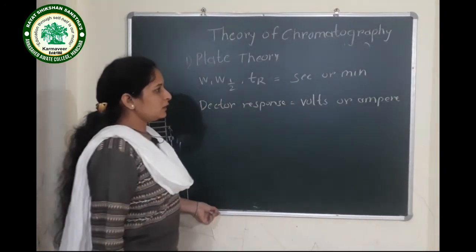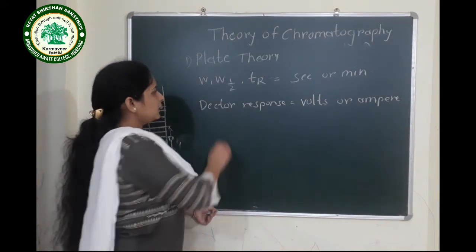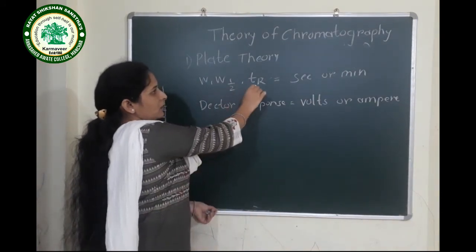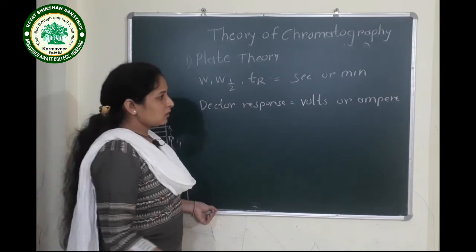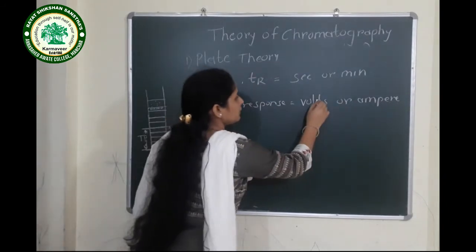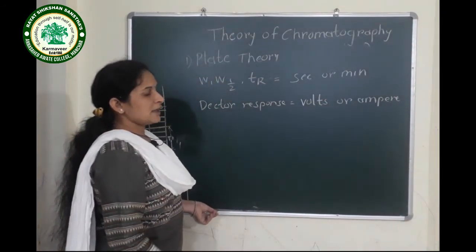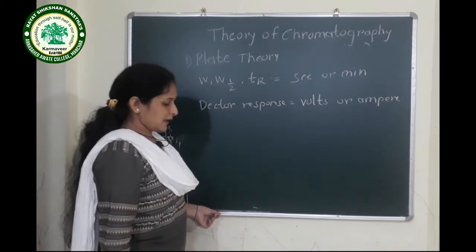Therefore our unit of the peak will be the detector response multiplied by time, that is volt second or ampere second.